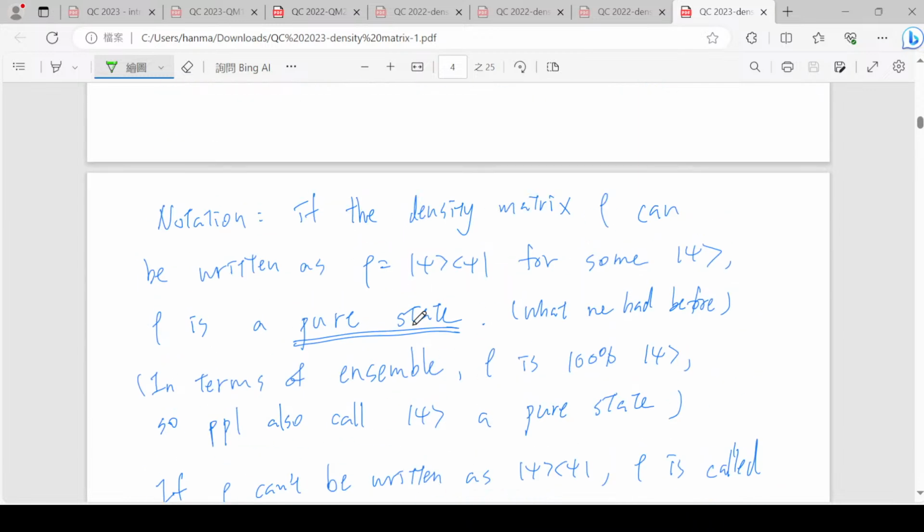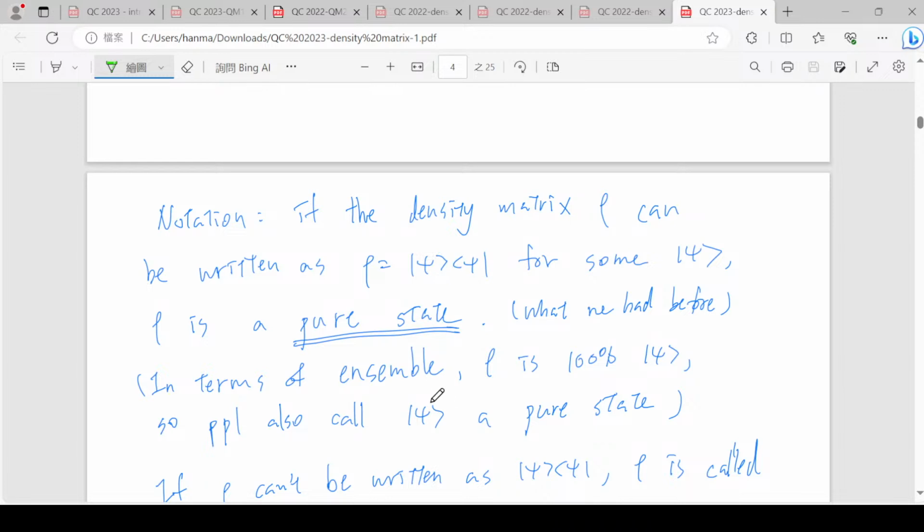So a pure state is basically the kind of state we had before. In terms of ensemble, it's 100% over some ket psi state. And we also call this ket psi a pure state because it's really kind of interchangeable. Although mathematically this is a matrix and this is a column vector, we are just changing the interpretation, they are equivalent to each other.